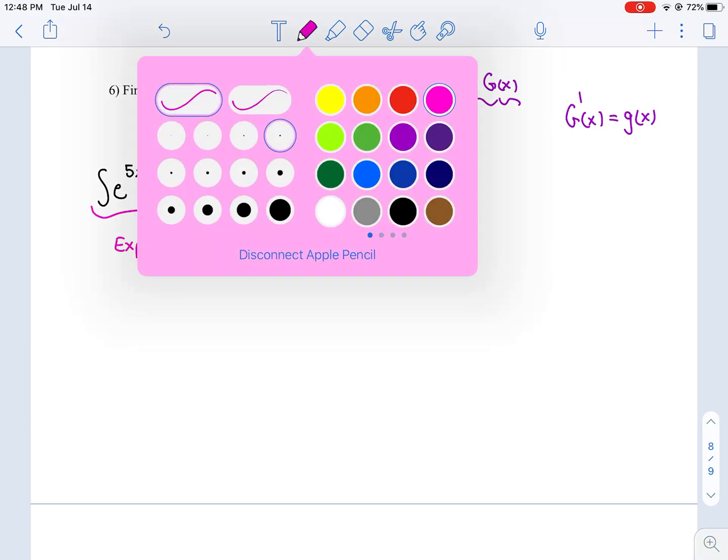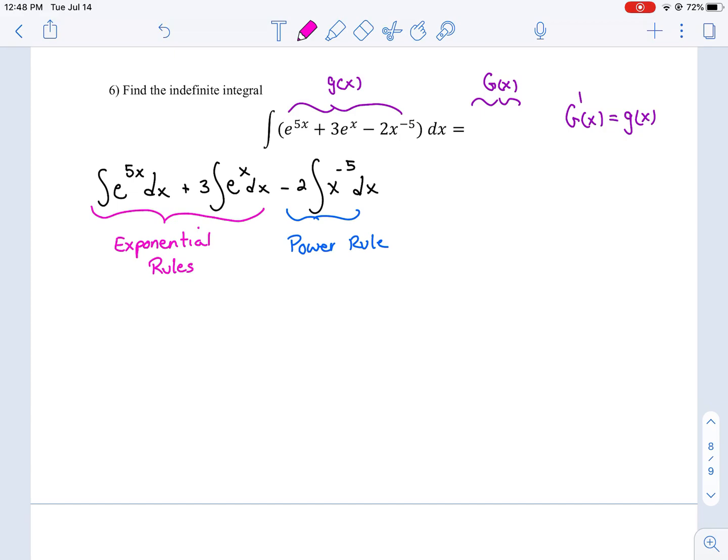So I'm going to apply those rules right now. So this will be 1/5 e to the 5x plus 3e to the x minus, and the power rule we will do in blue. Notice I'm adding 1 to the exponent, and then I'm dividing by negative 5 plus 1.